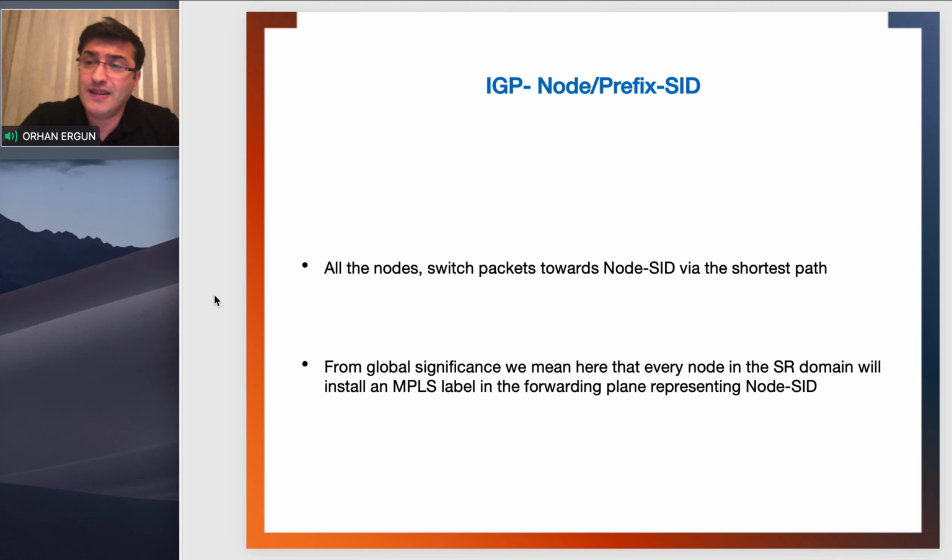Orhan, why then didn't we do it with LDP? It's a huge discussion. We didn't. LDP traffic engineering was never implemented on networking devices. There was an IETF draft though, CR-LDP, constraint-based LDP for traffic engineering purposes, but it was never implemented.